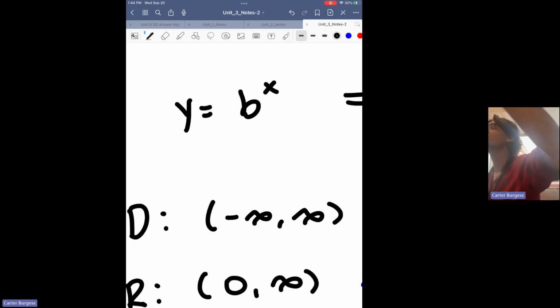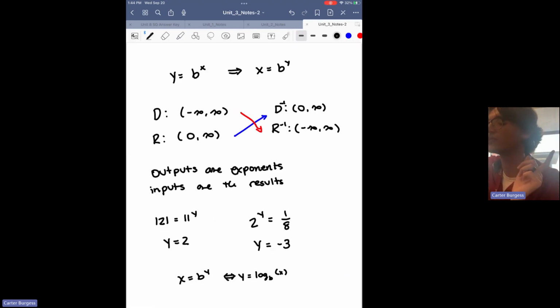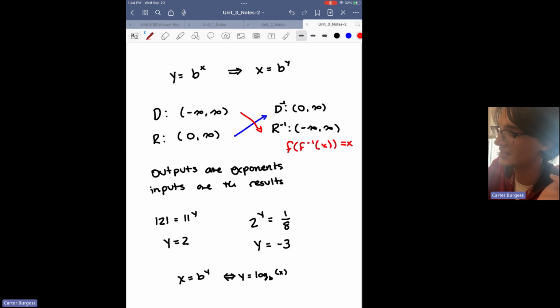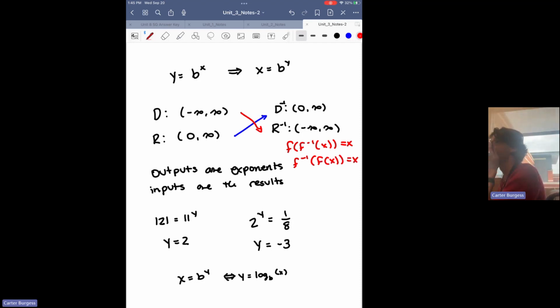Now we have the ability to, with logarithms, in particular, use those two inverse operations that we said were that f of f inverse of x was equal to x, and that f inverse of f of x was equal to x. Right?